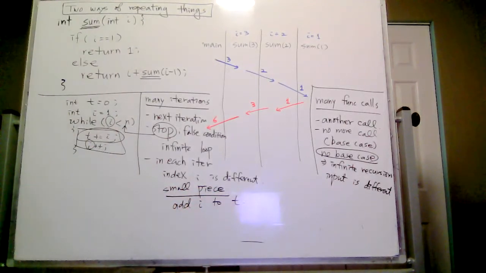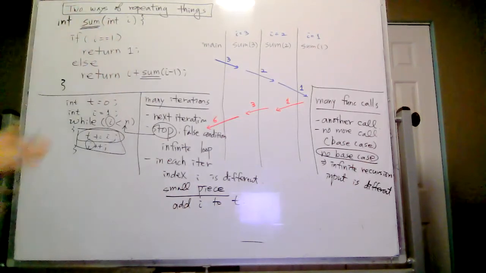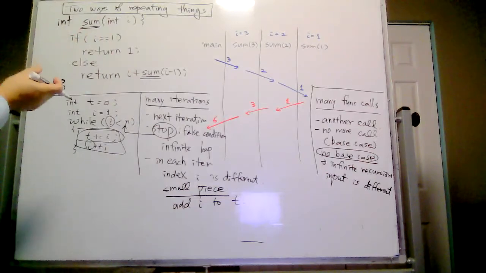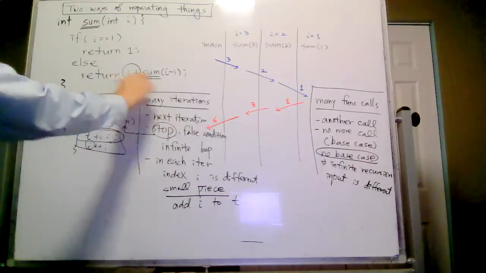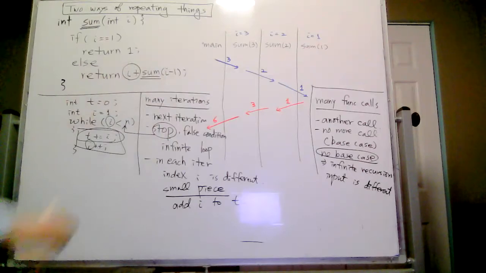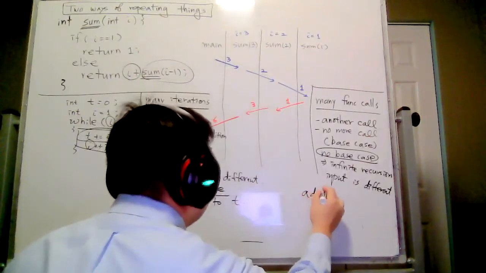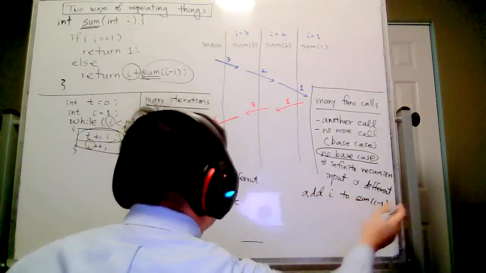Does that make sense? And also in the sum, what each function call actually takes care of is really small piece. Here, what is it? Add i to sum, whatever the sum i minus 1 would be. So add i to sum i minus 1.